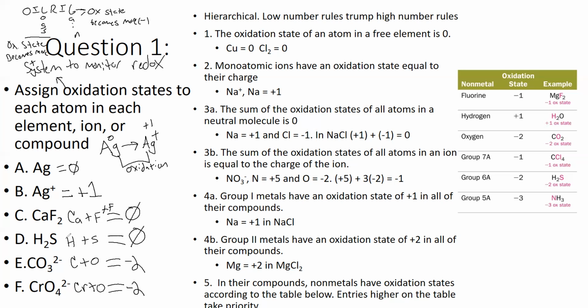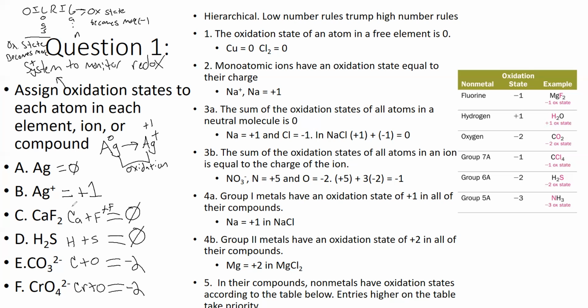Rule 4b, if a group 2 metal is in an element, it has an oxidation number of +2. So in example C, we have a group 2 metal. Calcium, element 20, is in the second column.